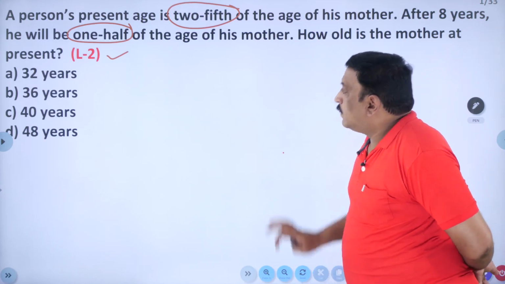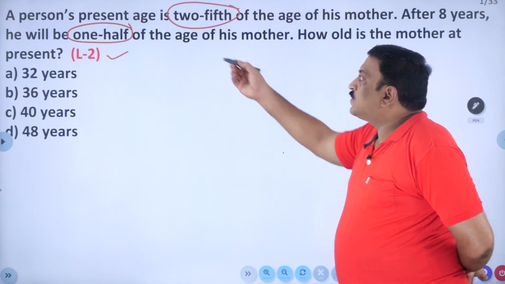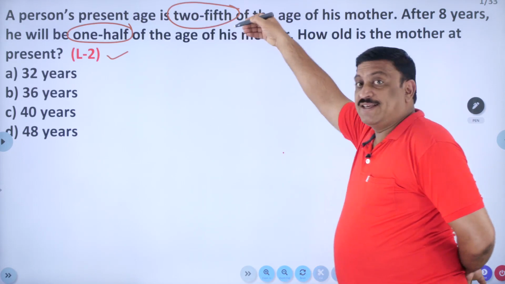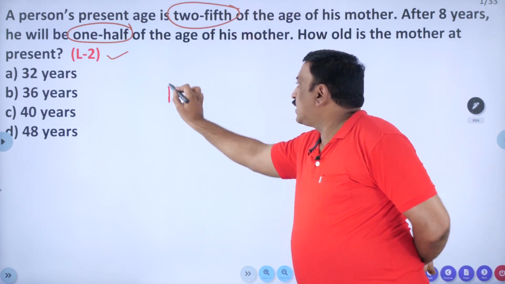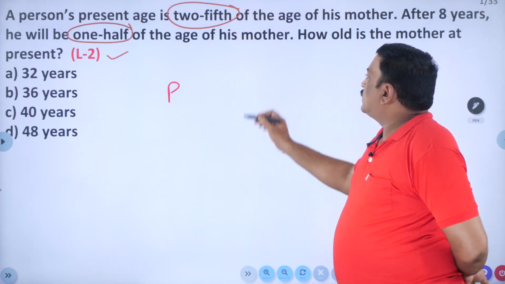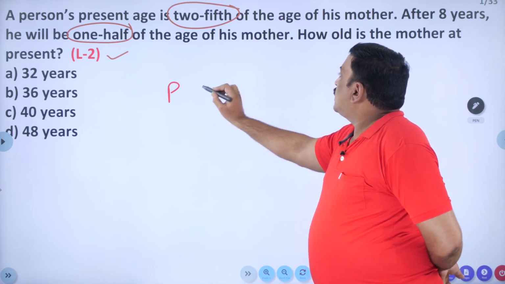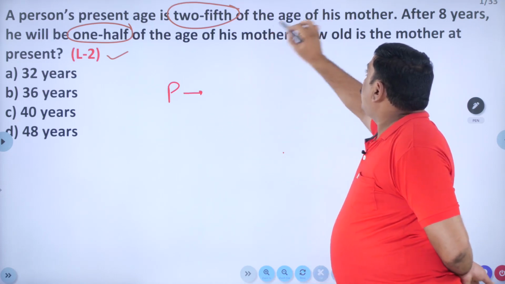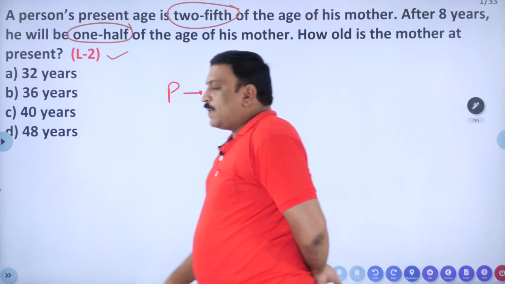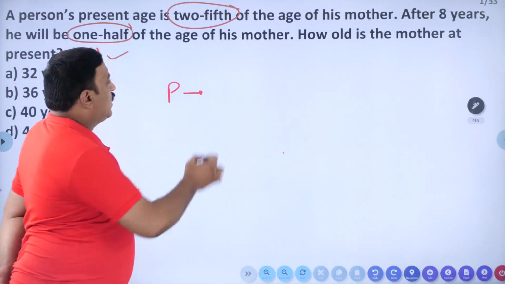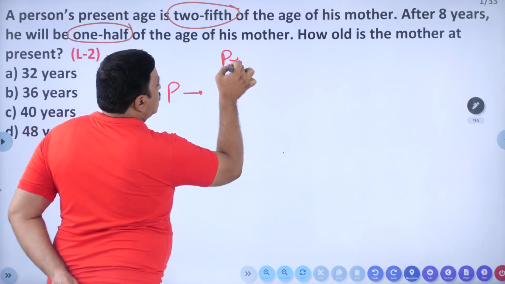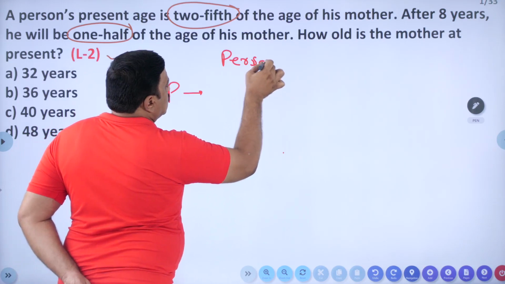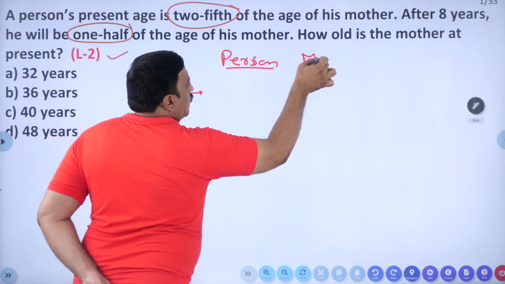Here, the first one is a person's present age, let us take that one, present. Present is how much? It is 2/5 of the age of his mother. So the person and the mother. Okay, let us take here person and mother.